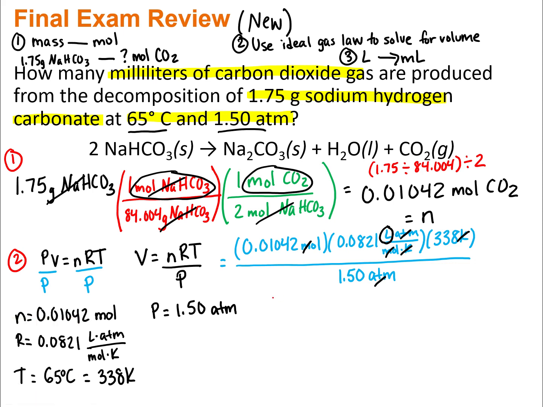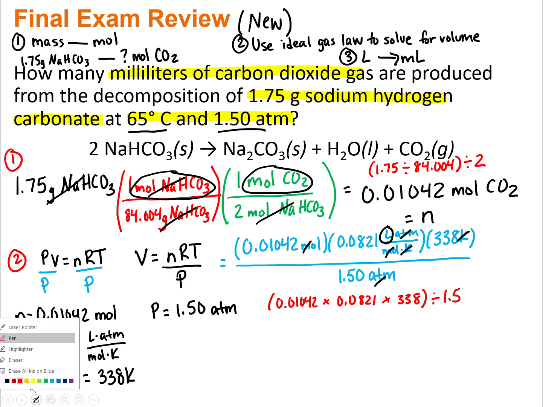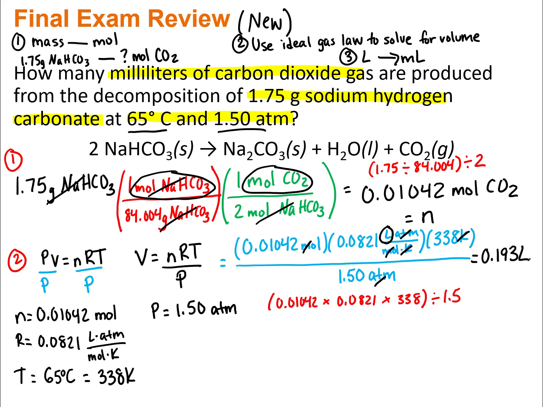When you're putting that into your calculator, that's going to get you where you need to go. Parentheses are always going to be your friends. So that's our answer, 0.193 liters.